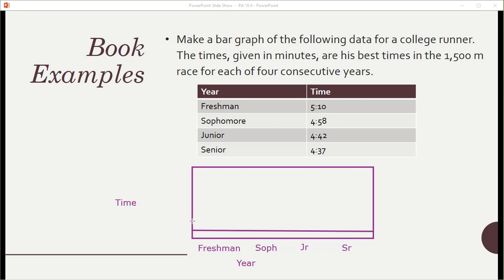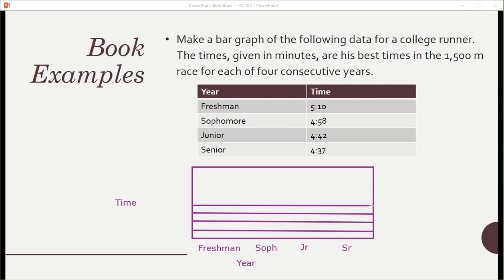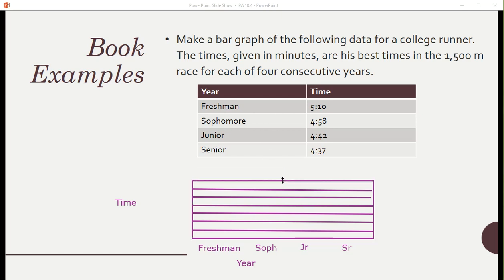And we definitely want to be sure that we label all of our increments. So that's 4:30, 4:45, 5, 5:15. And I don't really need to go any further than that. That's 5:45. That'll be enough.